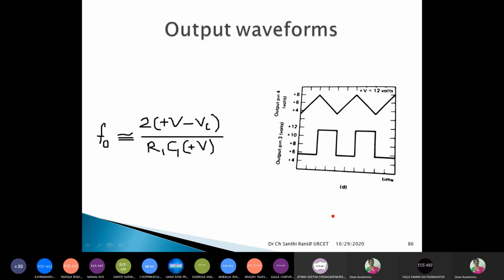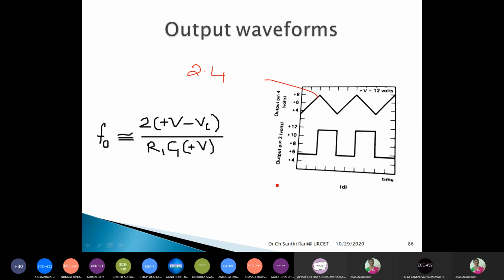Then if you observe the output waveform, the output is always either a square wave or a triangular wave. If you observe the magnitude, the typical amplitude of the triangular wave is 2.4 volts peak to peak for 12 volts VCC.